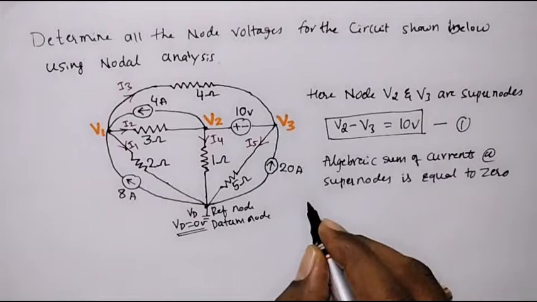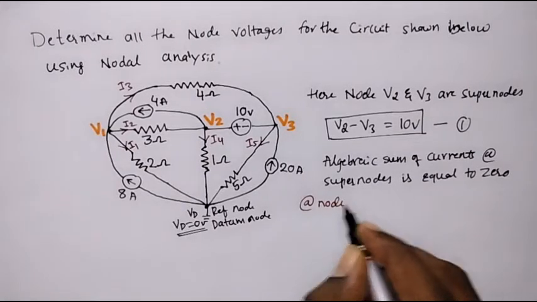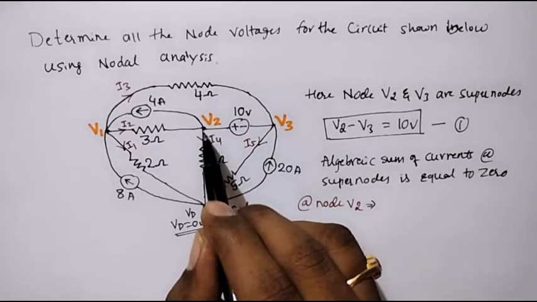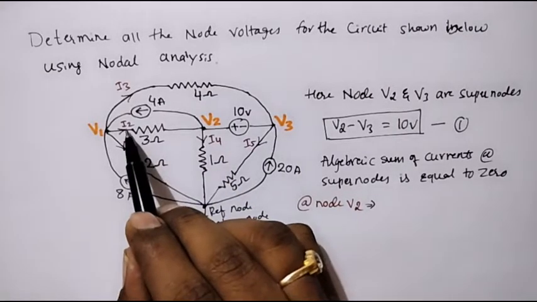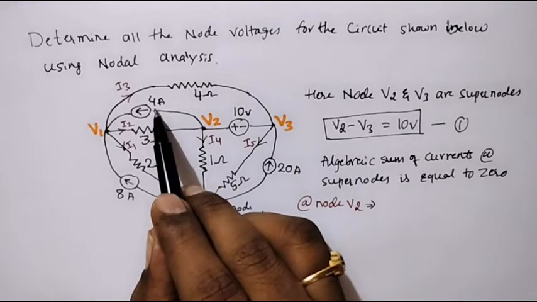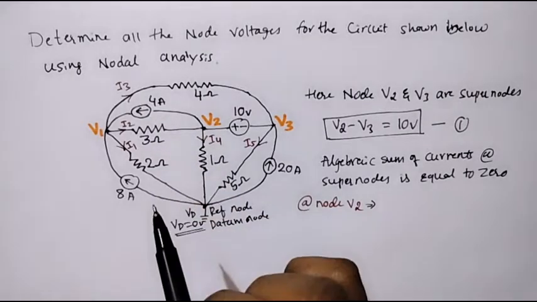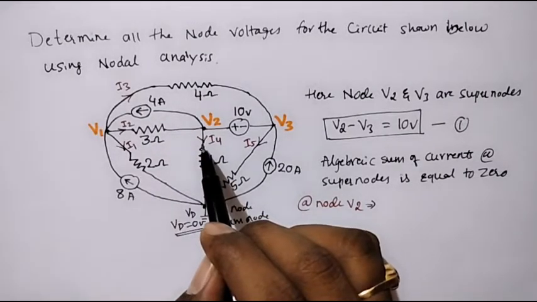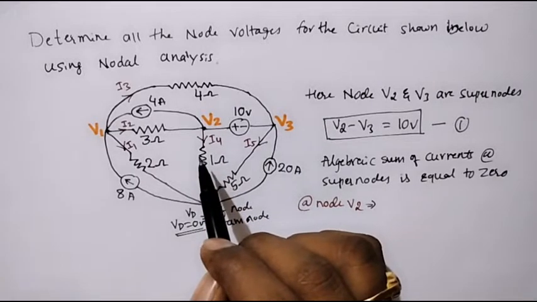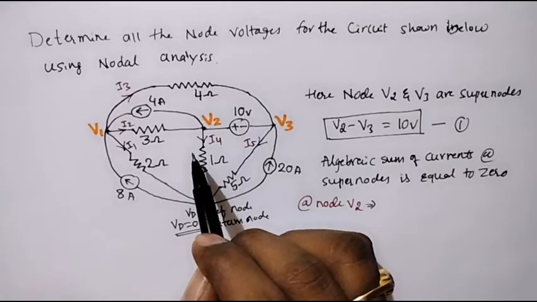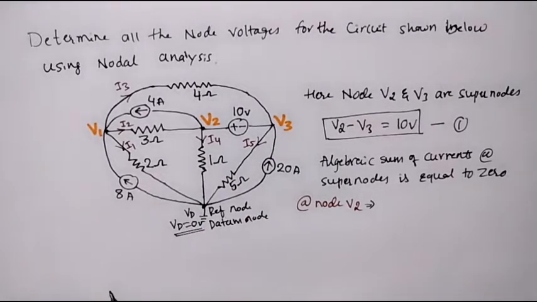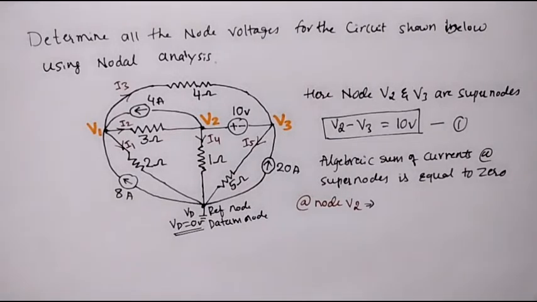At node V2 the currents are: one is I4 which is leaving the node, one current I2 is entering node V2, and one more current, 4 amp, is leaving the node. So we should always take the incoming current and outgoing current directions opposite to each other. If we consider incoming current as positive, take outgoing current as negative, or vice versa. Let's consider in this example incoming current as positive.